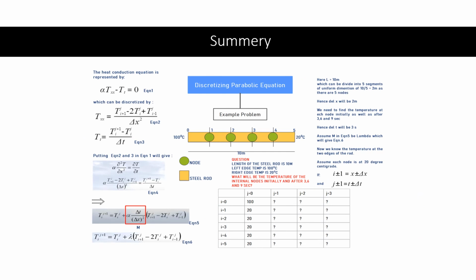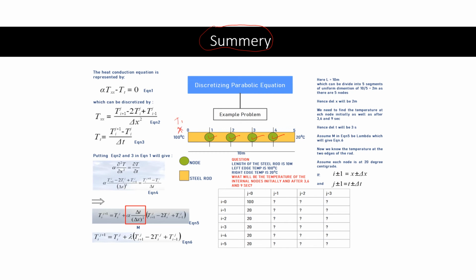So in summary, in conclusion, our problem is we have to find the temperature at all these nodes for the steel rod where we have applied 100 degrees centigrade in this part.